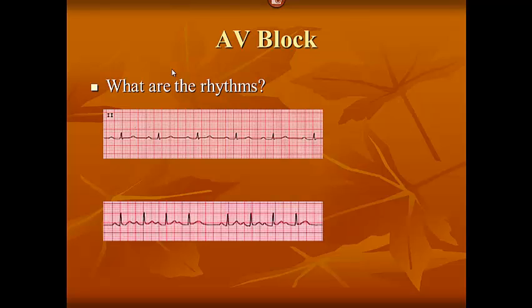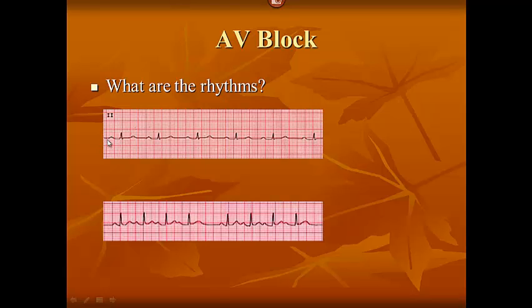The PR interval is normally 0.12 to 0.20 seconds. So this is the P right here, and this is the R. Between the P and the R, normally it is 0.20 or one big square. So it cannot pass the size of a big square.